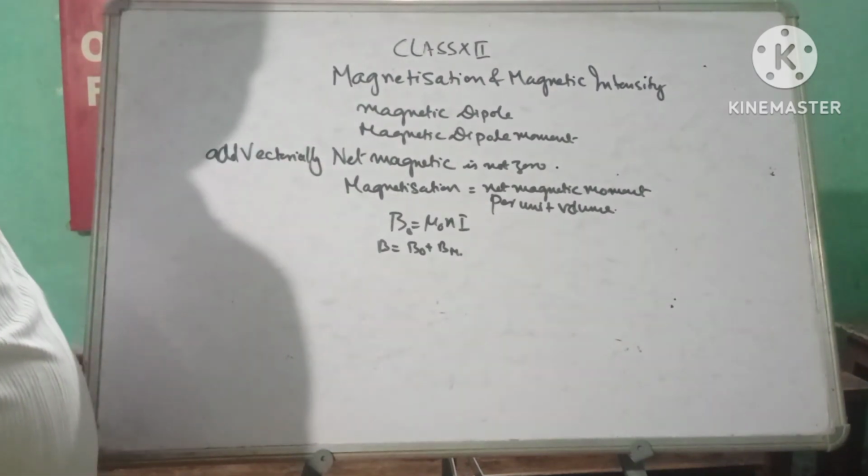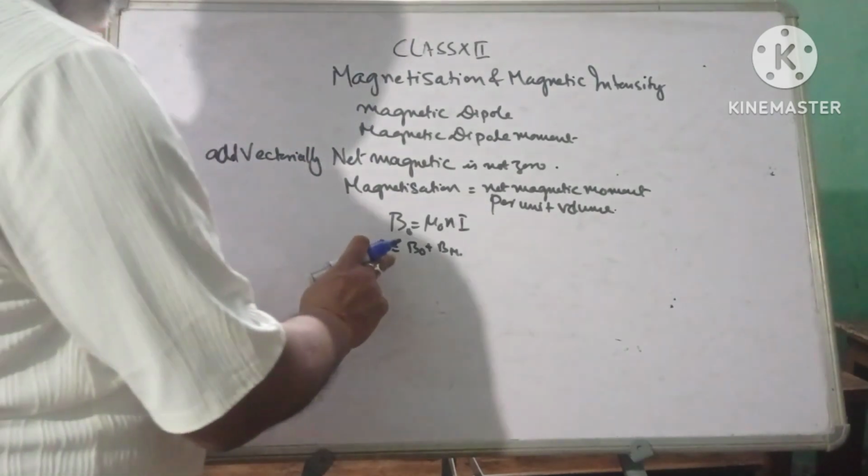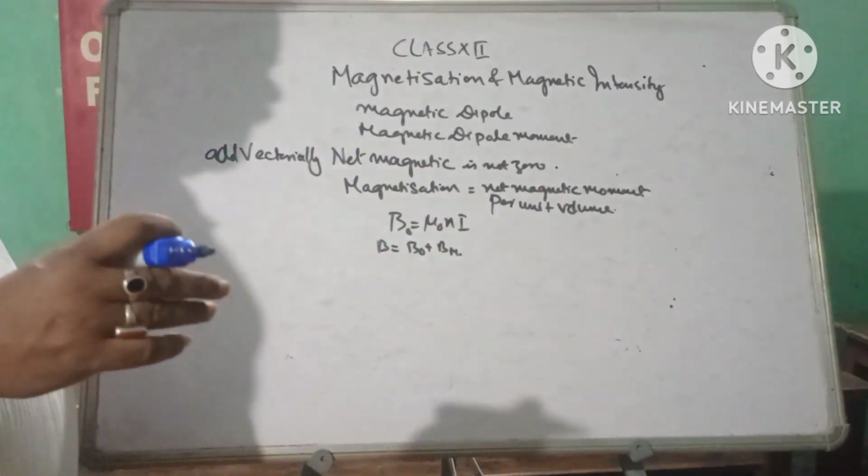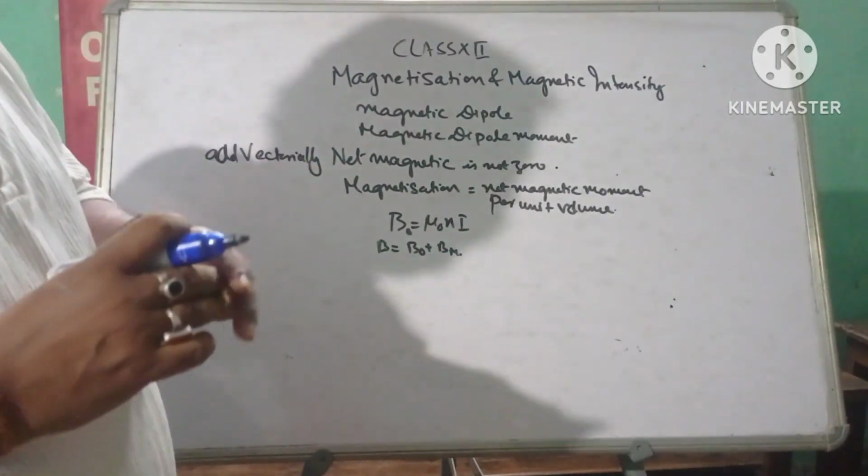Now here you see that the magnetic field increases when we place a magnetic material inside a solenoid.